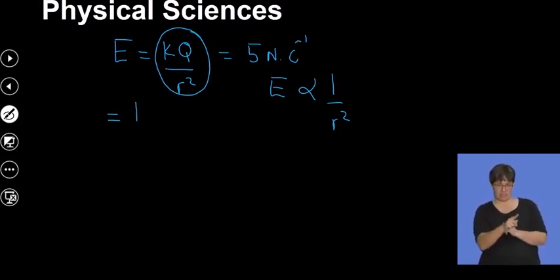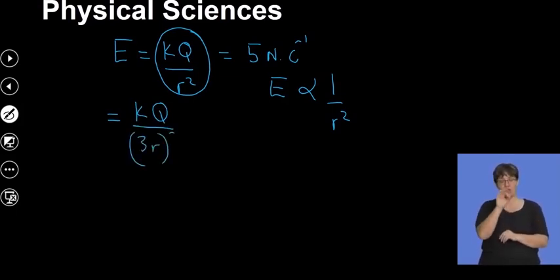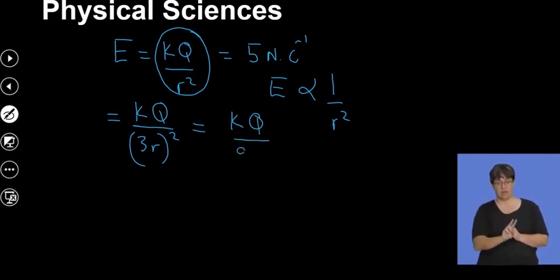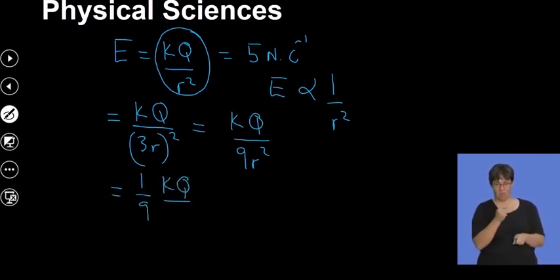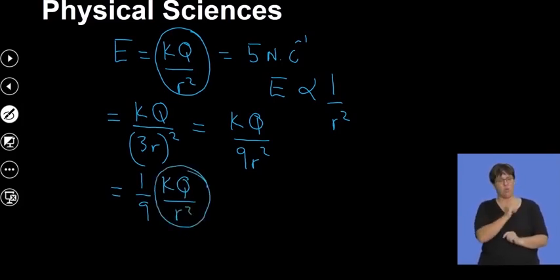So we'll have K, Q, still the same charge, divided by 3R, but we square 3 times the original distance. So what do we have here? We have KQ over 9R squared. I think we're onto something here. We can already say it's 1/9 of the original magnitude of electric field at a point, because we know that this is 5 newtons per coulomb.